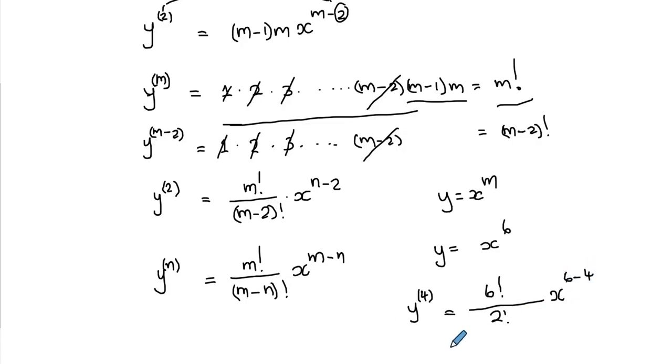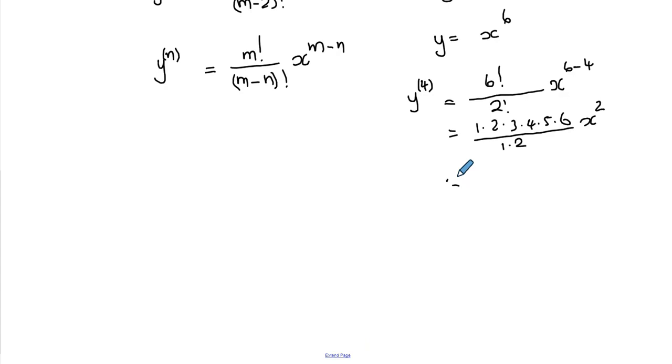This simply gives us in the numerator 1 times 2 times 3 up to 6, divided by 1 times 2, multiplied by x to the power 2. Now we can simplify this and have 3 times 4 times 5 times 6 x to the power 2. I'm not going to bother simplifying this, but you can verify that by differentiating this 4 times, and you will see that you get exactly that derivative.